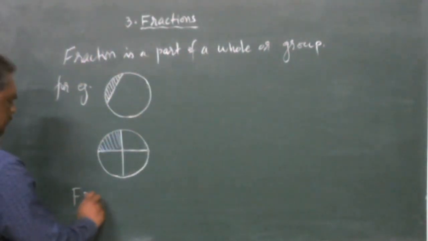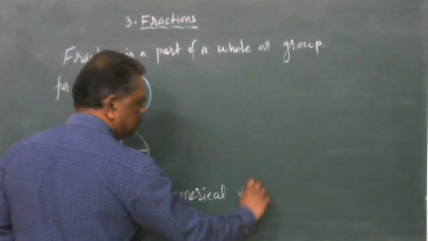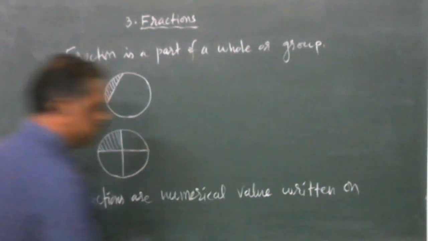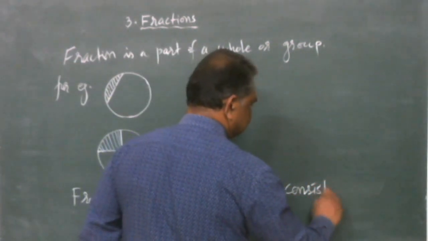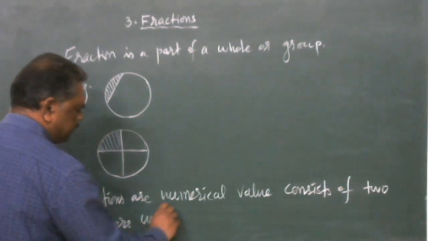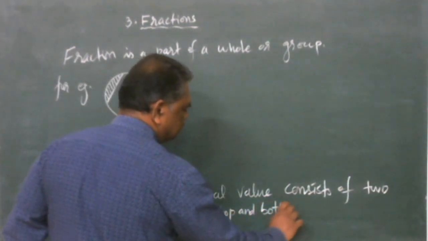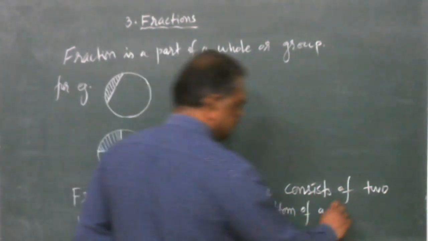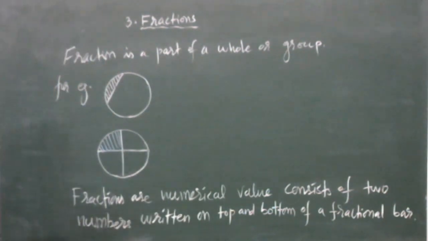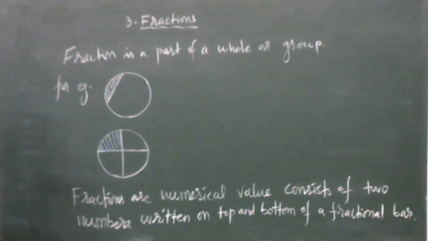So fractions are numerical values consisting of two numbers written on top and bottom of a fractional bar.